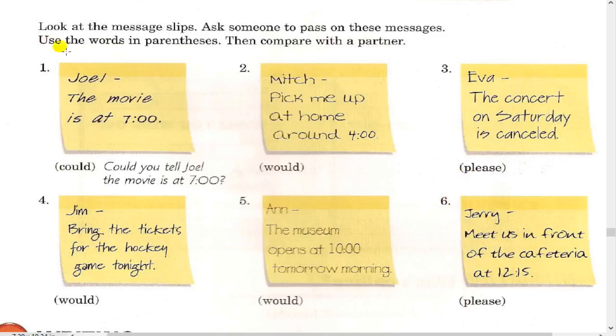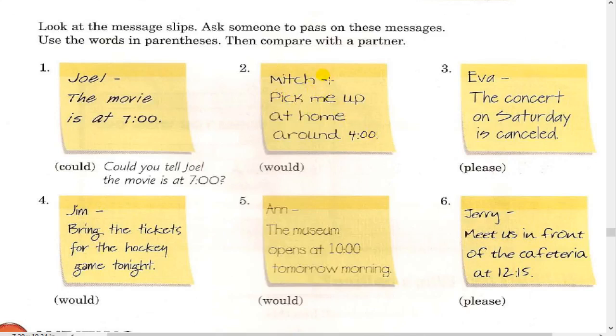Number 1. Joel, the movie is at 7 o'clock. Could you tell Joel the movie is at 7 o'clock? One minute, try to answer, and then I'm going to correct the messages for you. Mitch, pick me up at home around 4 o'clock.